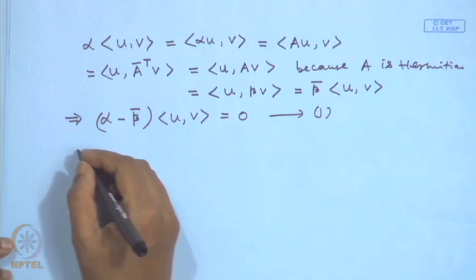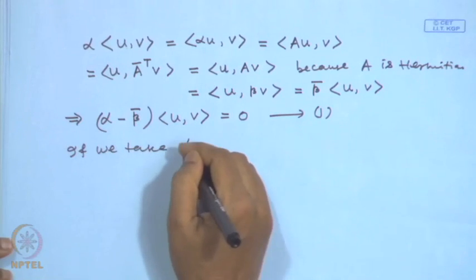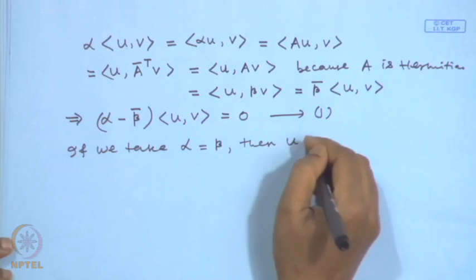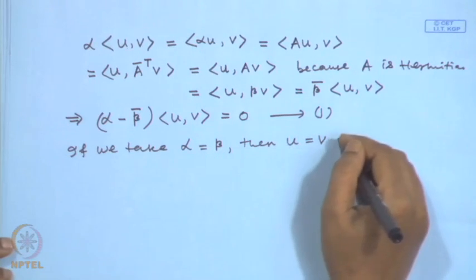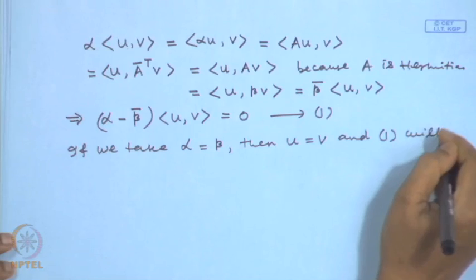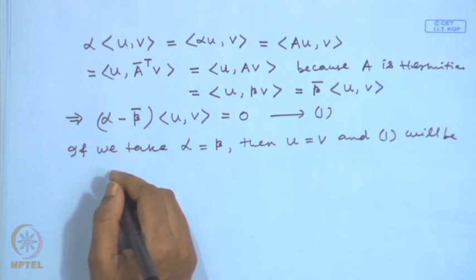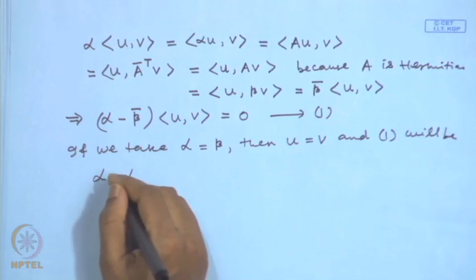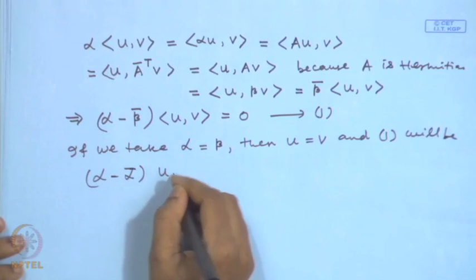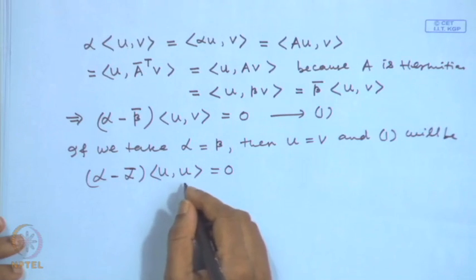So, if we take alpha equal to beta, then u equal to v, and 1 will be alpha minus alpha bar multiplied with the inner product of u with itself, that is equal to 0, but u is a non-zero vector.